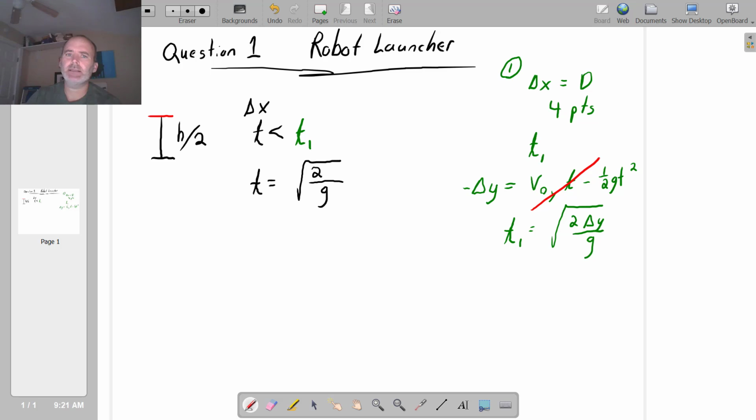But now my delta y is divided by 2. So I'm going to put my delta y over 2, which is equal to the square root of delta y over g.